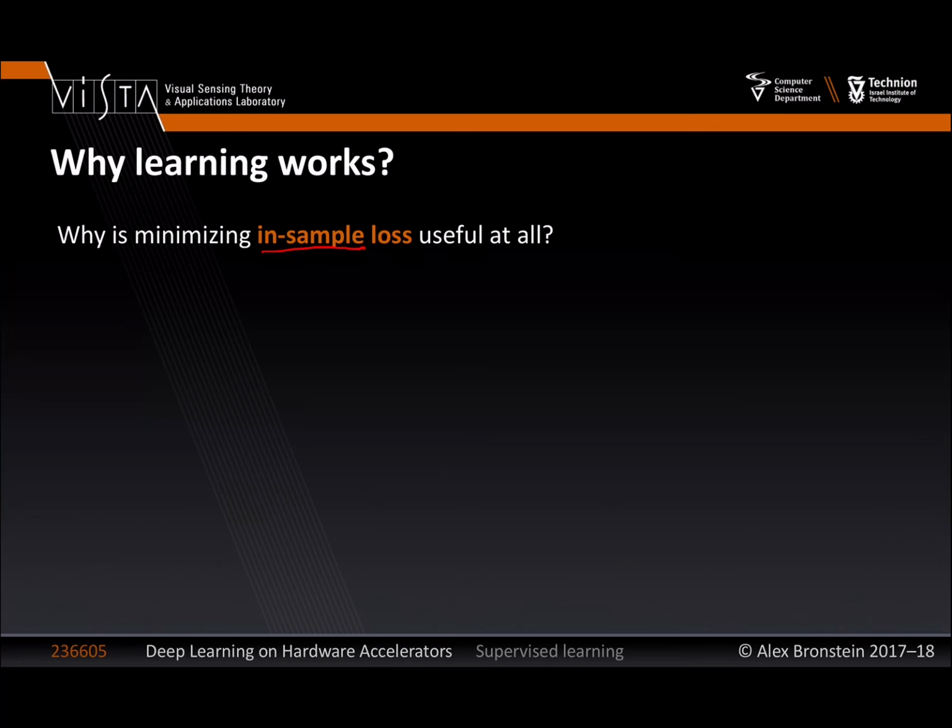So why on earth is this going to be useful for any instances that we have never observed during training? Is it obvious that it will be useful? Well, let me show an example.